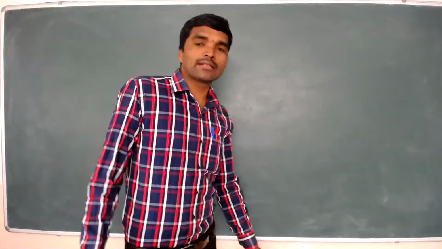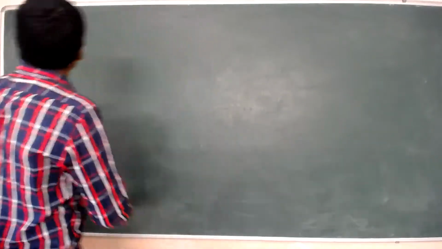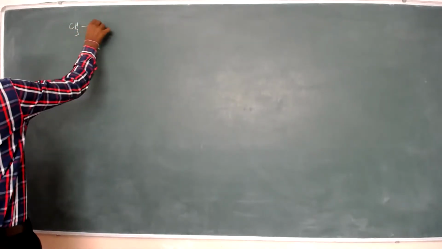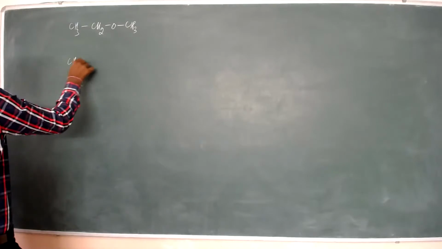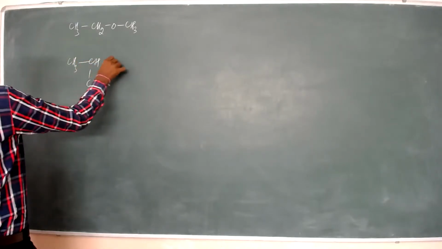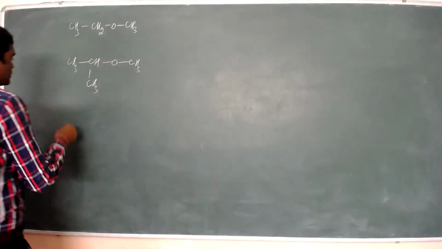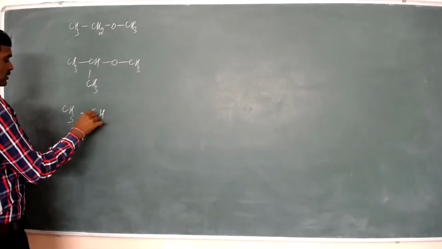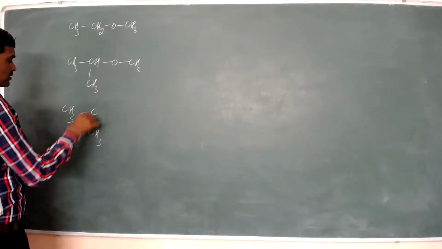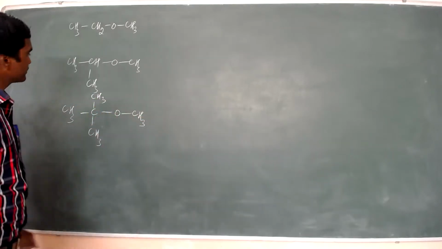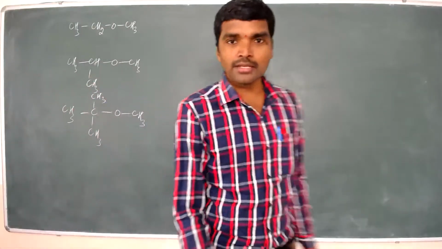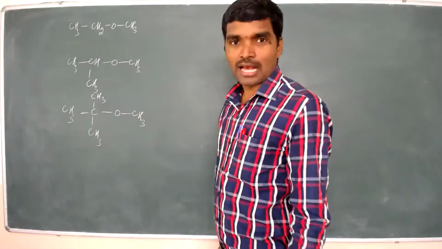Here I am going to take the unsymmetrical ethers: CH3CH2OCH3, (CH3)2CHOCH3, and (CH3)3COCH3. So I have taken 3 ethers.